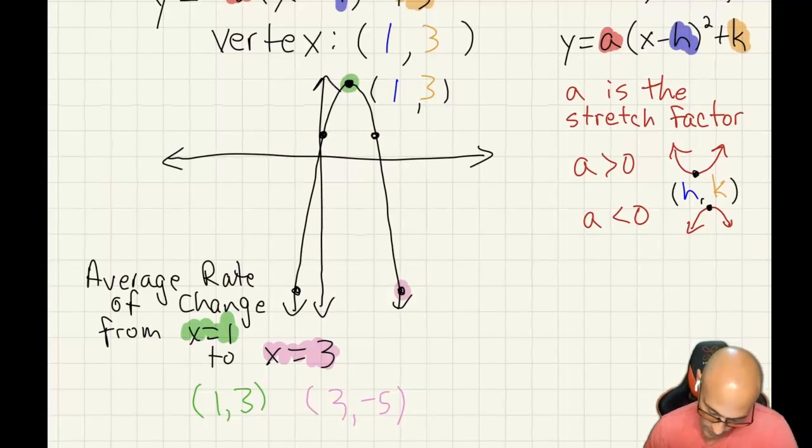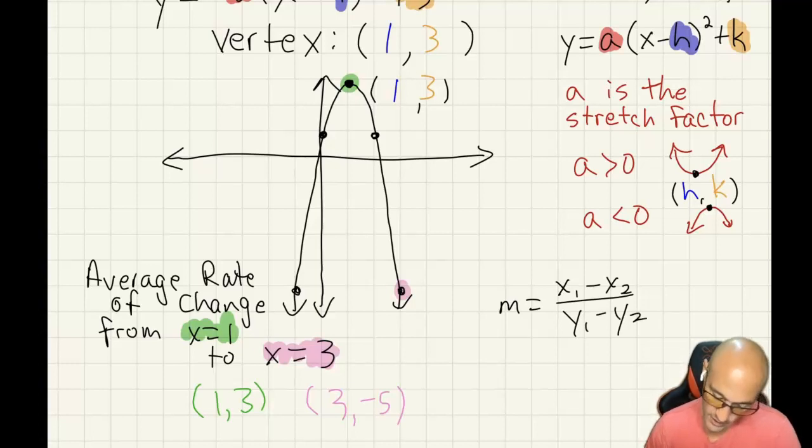And the formula for slope is x1 minus x2 over y1 minus y2. And you can decide that point 1 is the green one and point 2 is the pink one, or you could decide that this one is pink and this one's green. It doesn't matter which one, you'll come out with the same solution.